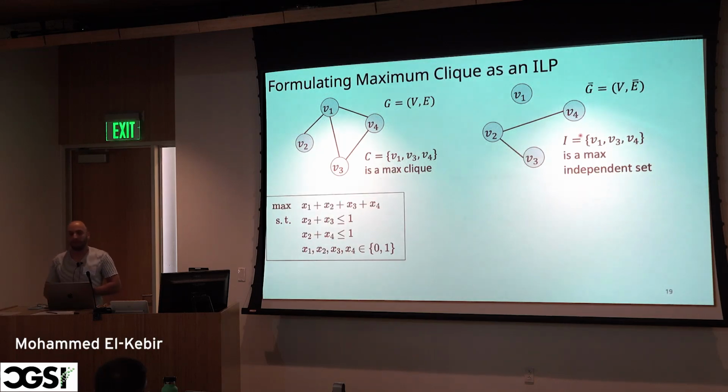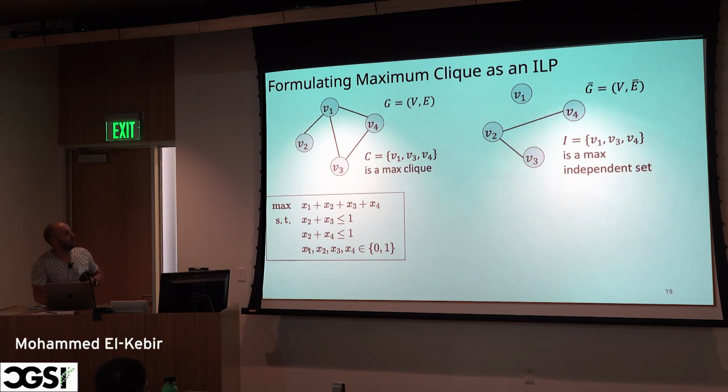We're going to use binary variables. In this example, we're going to have a variable for each node, and it's going to be a binary variable. So 0 means you don't take it, 1 means you take the variable. And we're going to solve the independent set problem. What this means is that for every non-edge in the original graph, or edge in the complement graph, you can only take one of the two nodes, right?